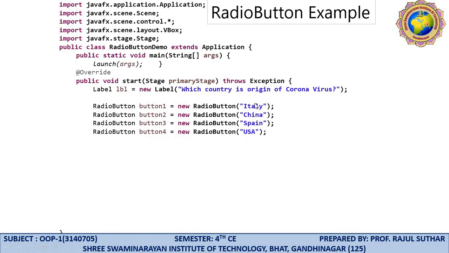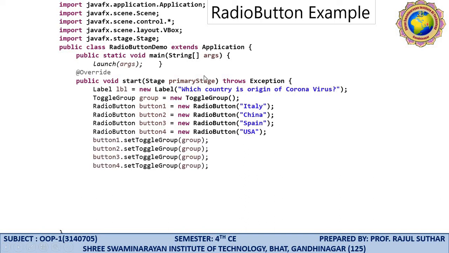This is the list of elements covered for the radio button: Italy, China, Spain and Japan. Which country do you have to select? So this is a group. ToggleGroup is one object you can create. For each and every button, button1.setToggleGroup, button2.setToggleGroup.